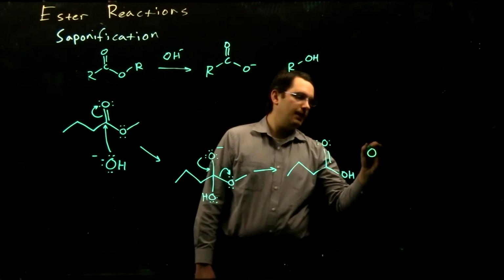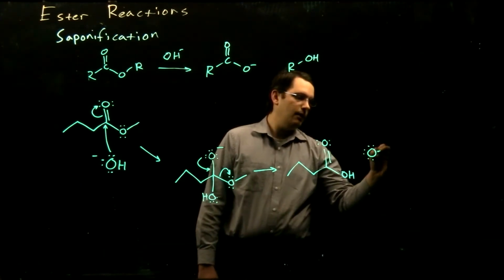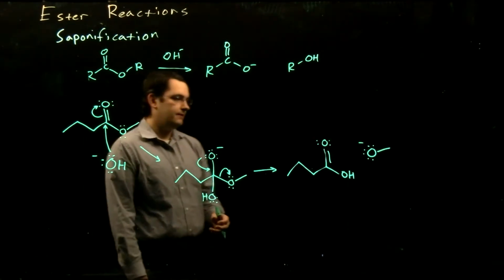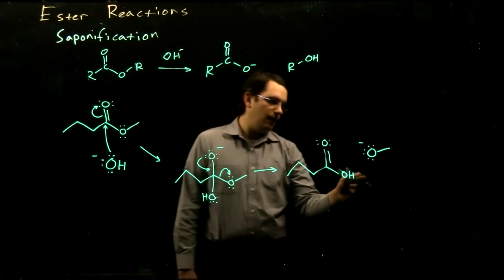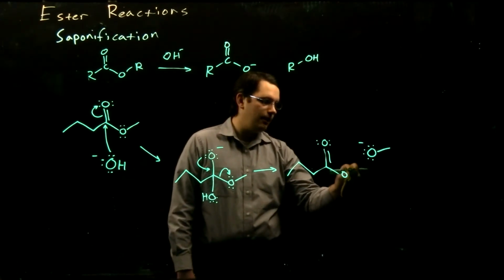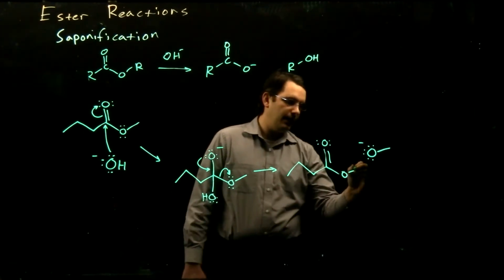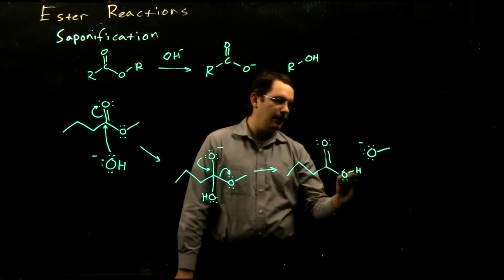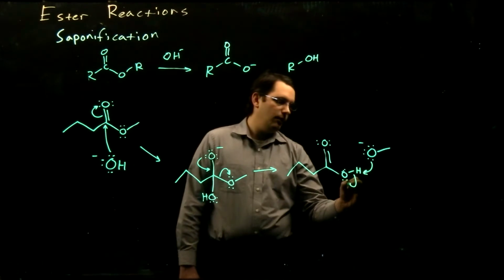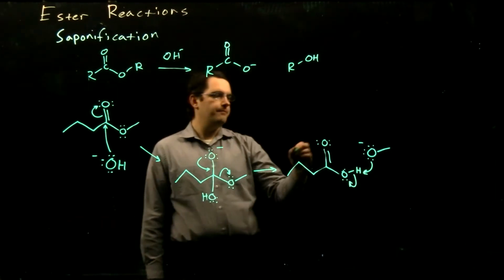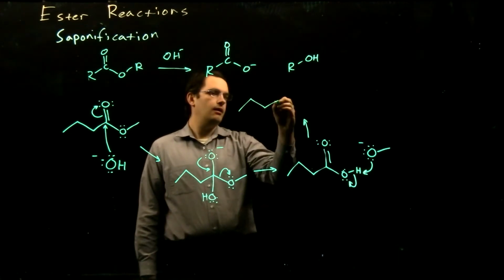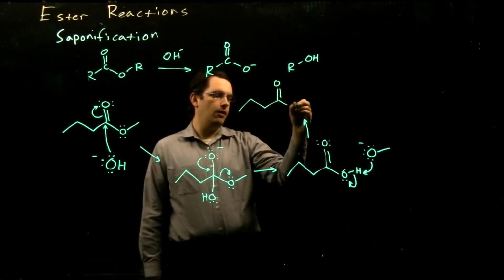Of course, at the same time as we're doing this, we're creating an alkoxide, which is a very strong base itself. And our alkoxide will pull off our hydrogen here of our carboxylic acid. Since our carboxylic acid is a weak acid, and this is a very strong base, we'll have an acid-base reaction to lead to our final carboxylate and alcohol products.